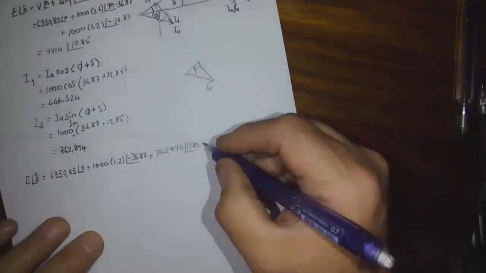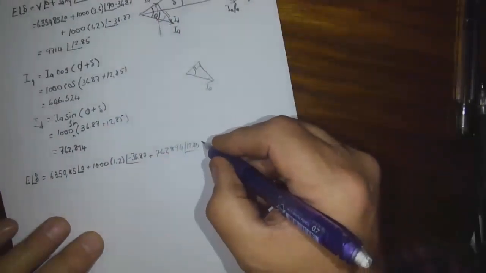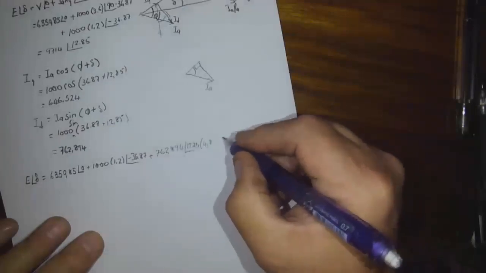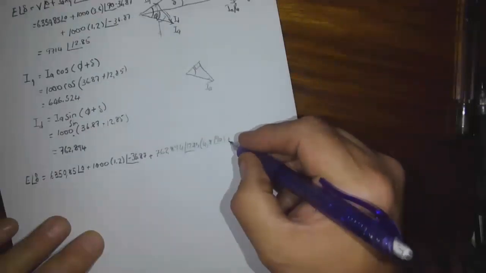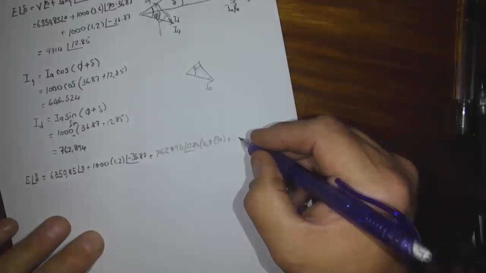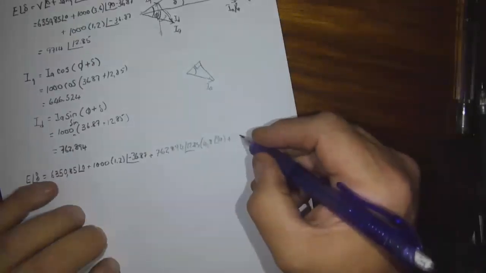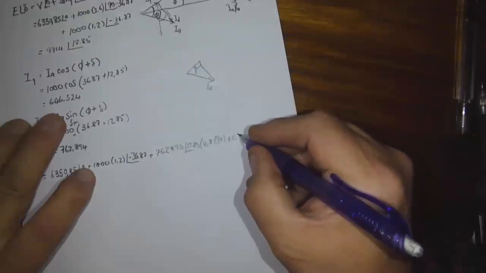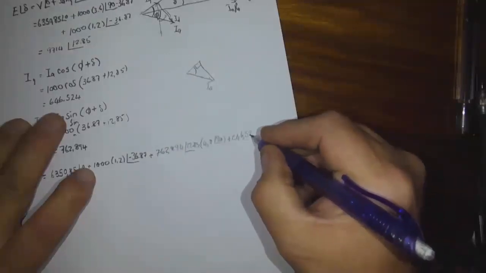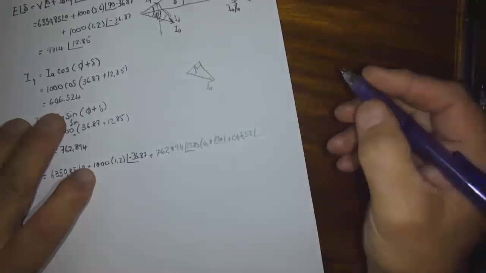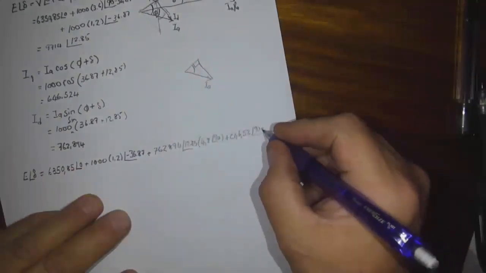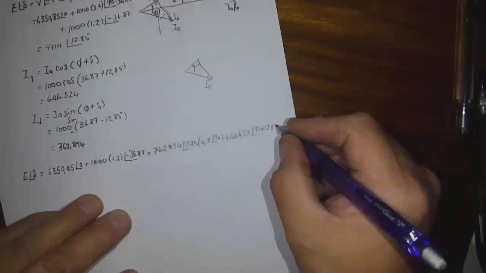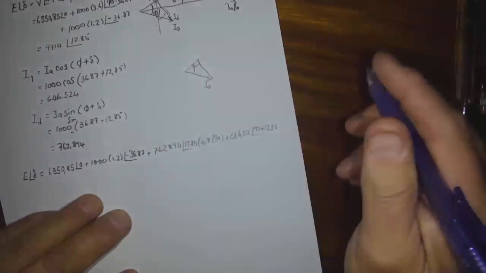12.85. Okay, times 4.8, 4.8 angle 90, plus 646.524 at an angle of 90 plus delta, 12.85, times 3.6.